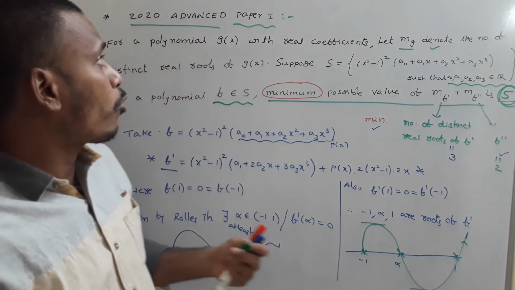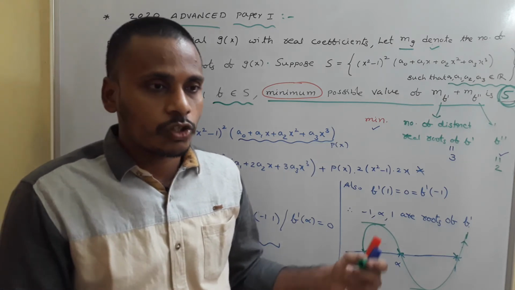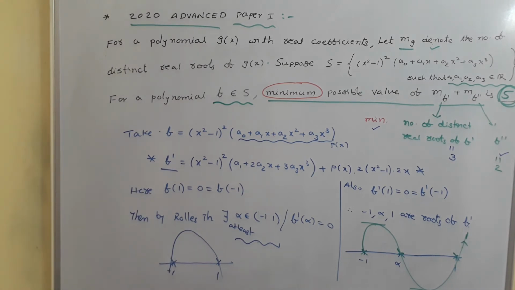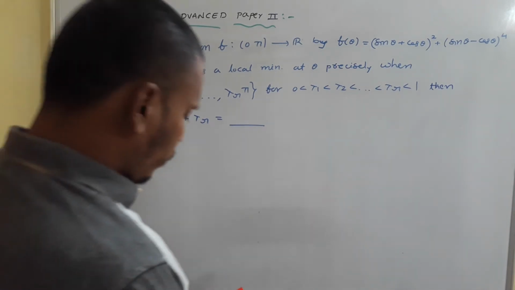And again I have another problem which is asked in Paper 2, again related to the applications of derivatives. First of all, you just go through this. Okay, look at the board.